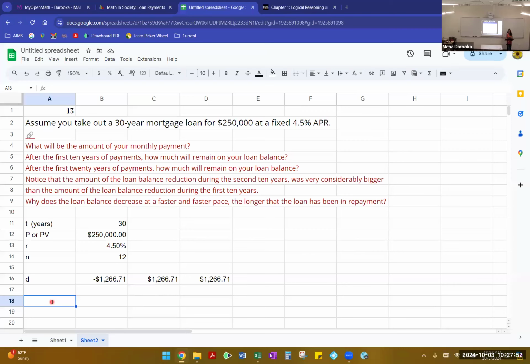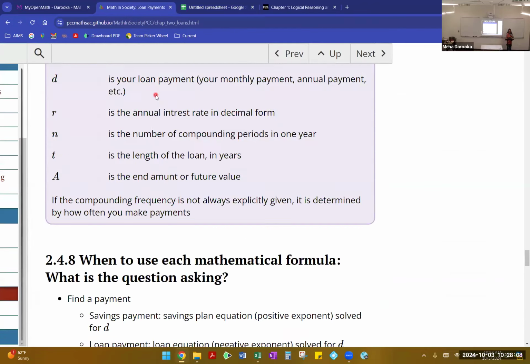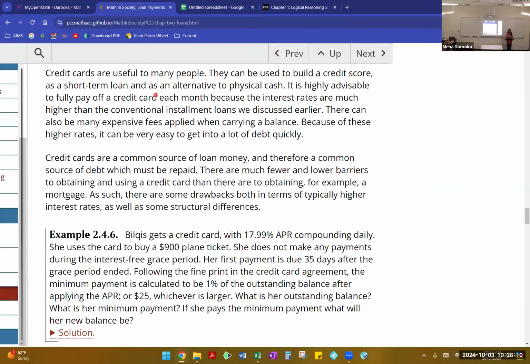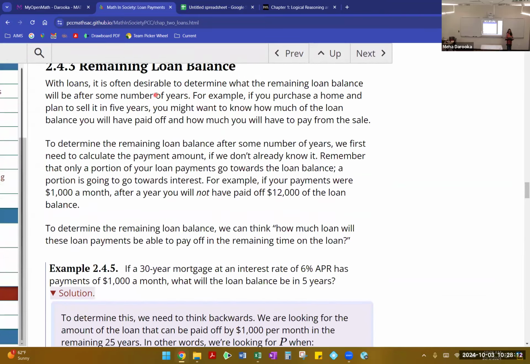All right, so after 10 years, what will be the remaining loan balance? And remember, this is the example that we just looked at, right here.